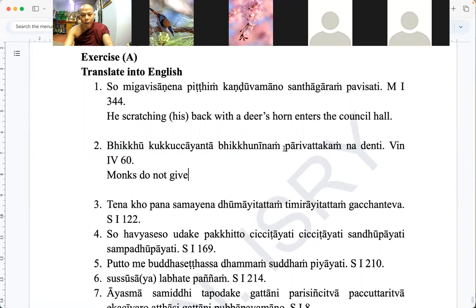And then pariyudakaṃ. Pariyudaka is exchange of object. Do not give the exchange rope, or the rope in exchange, or exchange rope.